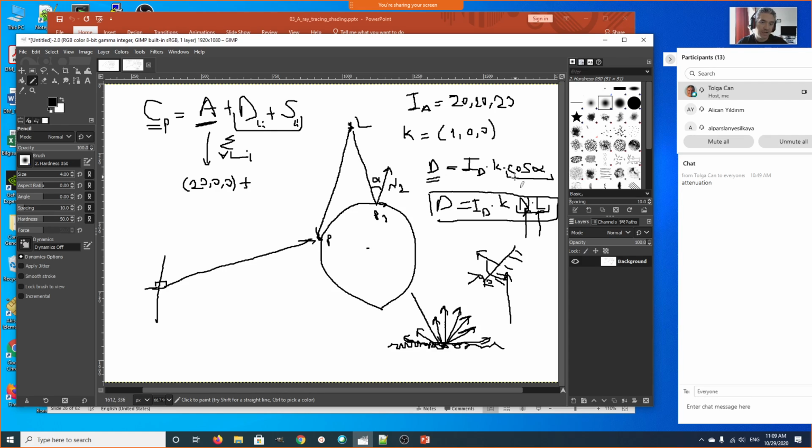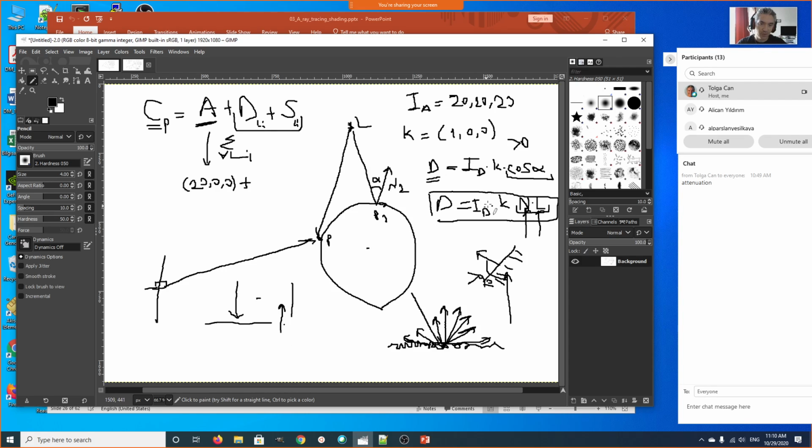So what I need to check is that only if cosine alpha is greater than 0, I will take it into account. If it's equal to 0, the color will be 0 anyway, so there's no need to consider it. If cosine alpha is greater than 0, it means that the light rays are coming either directly or at most at an angle, so the light rays are coming this way.